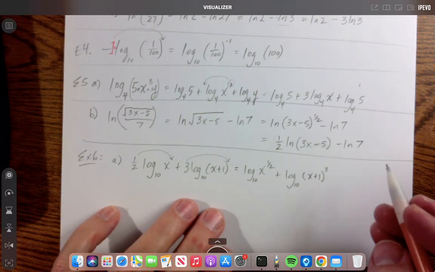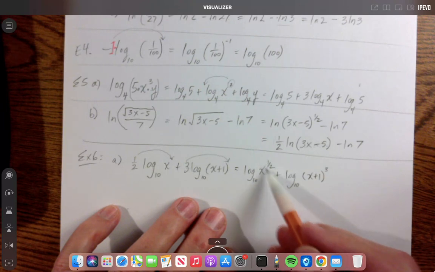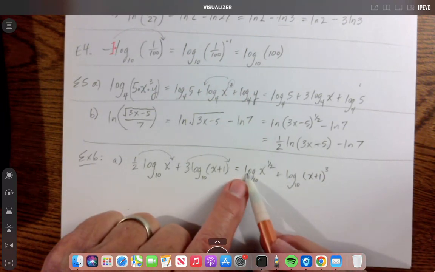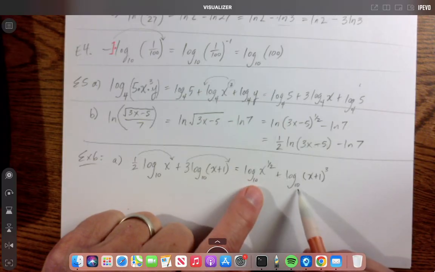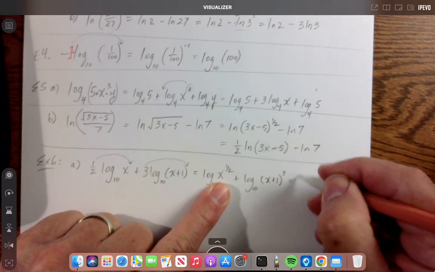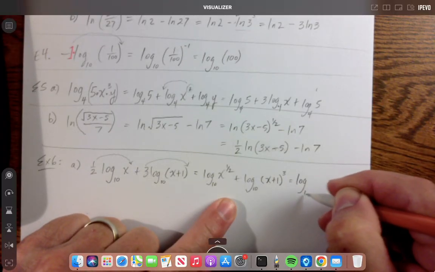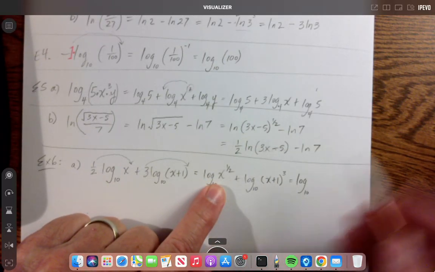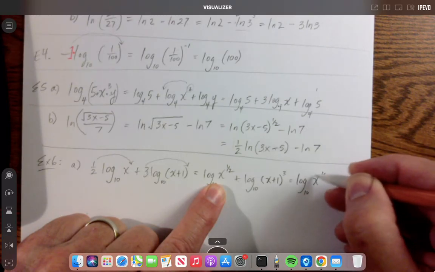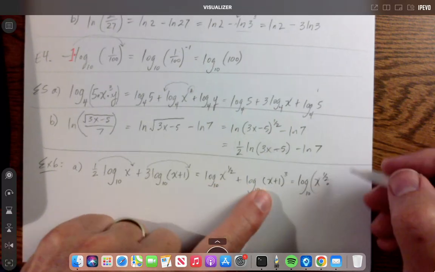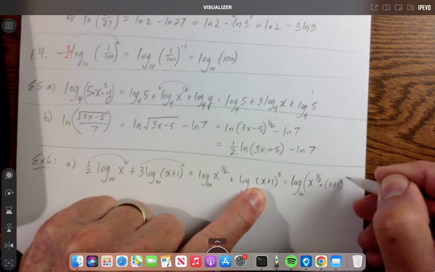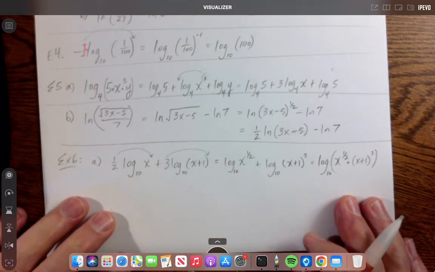Let's just ignore that for now. Since I now have just a log plus another log, and they're both base 10, I could write this as a single log base 10 of this times this. So the x to the 1/2 times (x plus 1) to the 3rd power.